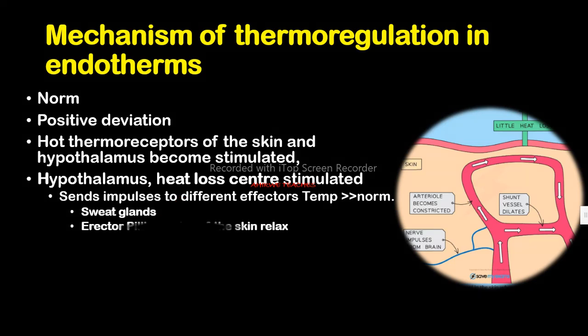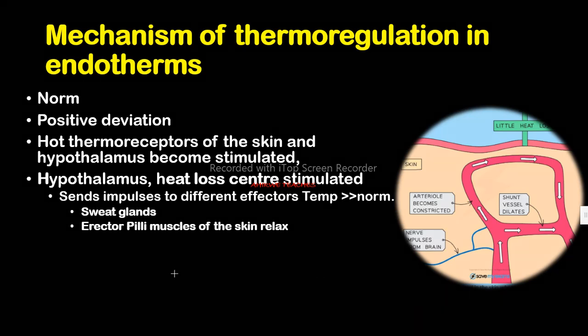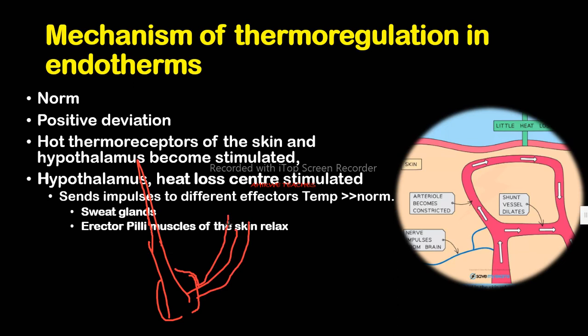Then another mechanism is we have the erector pili muscle. We saw the erector pili when we were studying the structure of the skin. If this is the hair capsule and this is the hair, and it connects to the outside environment, then this hair capsule is connected to a muscle. I think it's a smooth muscle.